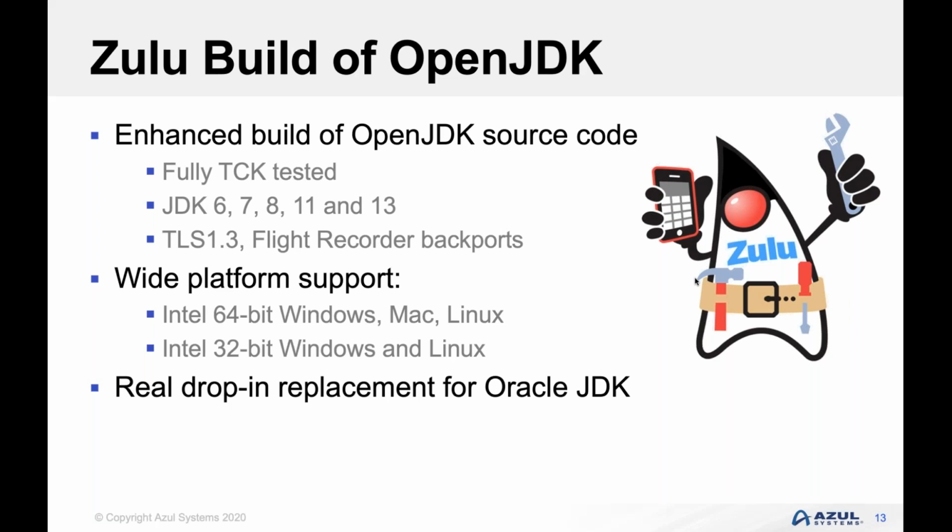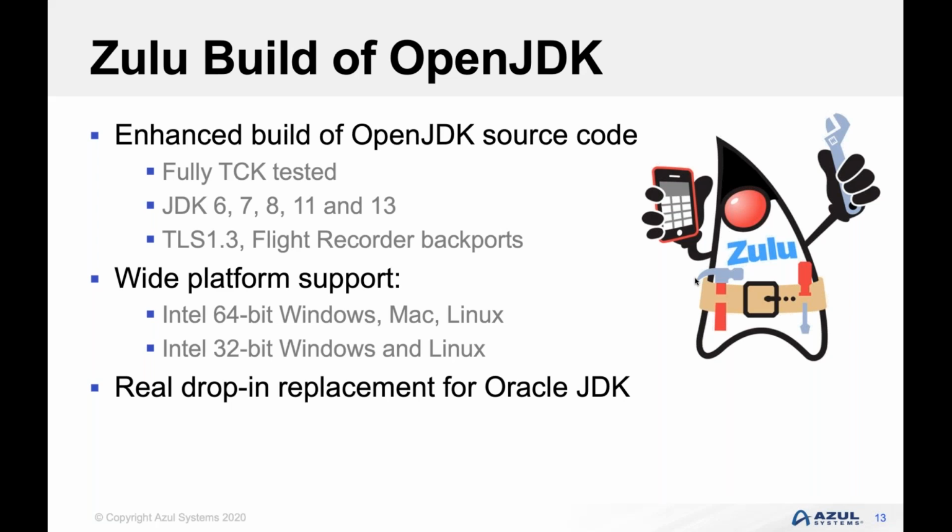And the two things that we've done so far, one is flight recorder support, so that flight recorder was available in the Oracle JDK 8, but it was a commercial feature, meaning you had to pay for a license if you wanted to use it in production. So they open sourced that in JDK 11. We've subsequently backported it to the OpenJDK code, so you can now use mission control to interact with your JVM, interact with files produced by flight recorder, and look at what your JVM is doing from a performance perspective using Zulu 8.